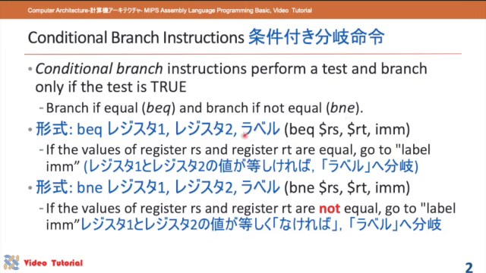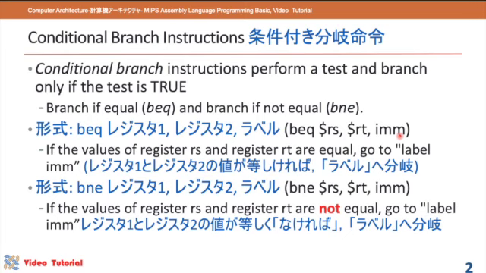Here is an example of branch if equal: register 1, register 2, and the immediate. It says if the values of these two registers are the same, it jumps to the label immediate, IMM.